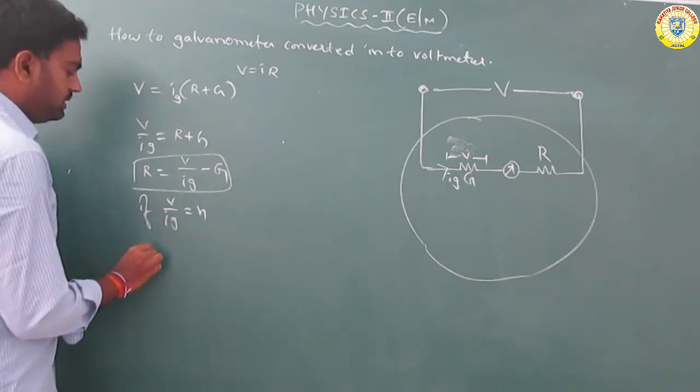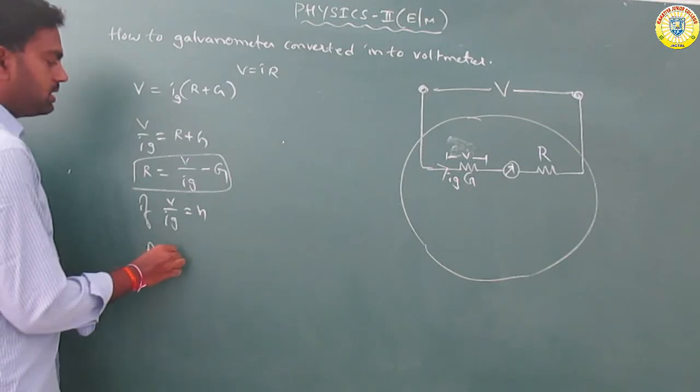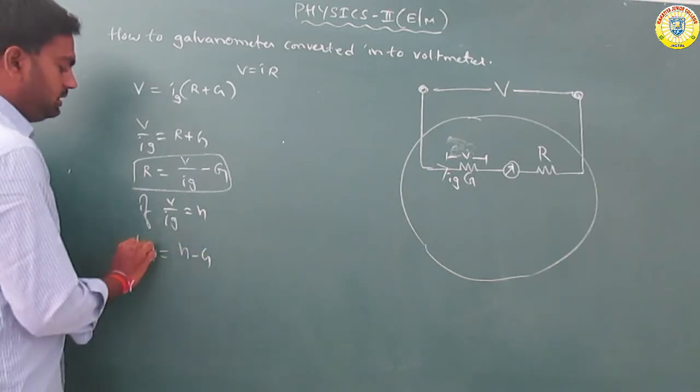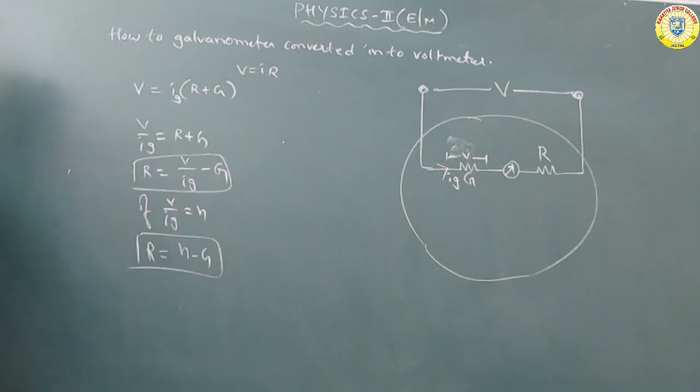now substitute in the equation: R is equal to N minus G. Okay, got it.